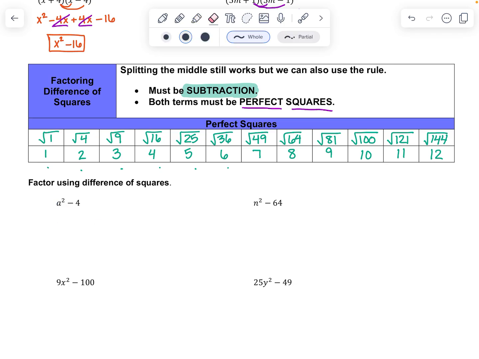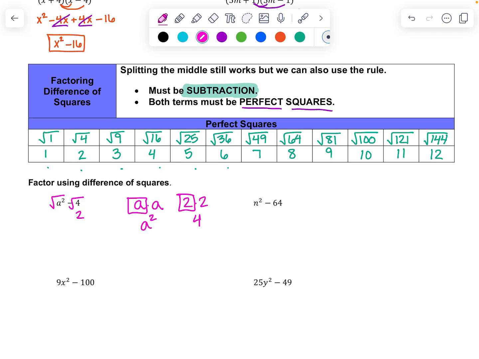So what I want to do is take the square root of each term. And we're not going to include that subtraction sign. We're just going to take the square root of positive 4. We know the square root of 4 is 2. And then the square root of a squared. Well, I know a times a gives me a squared. And 2 times 2 gives me 4. So if I am using 2 for the square root of 4, I'm going to use a for the square root of a squared.